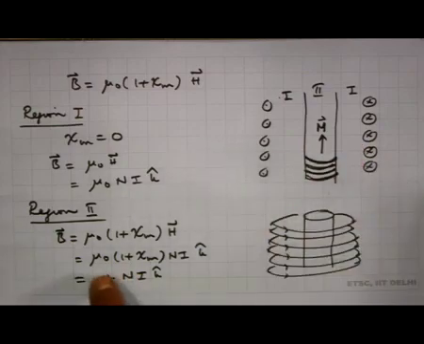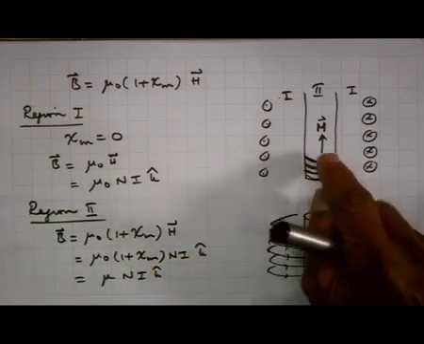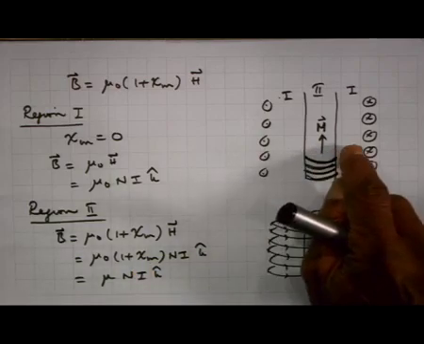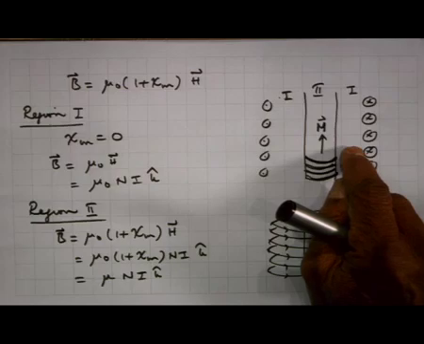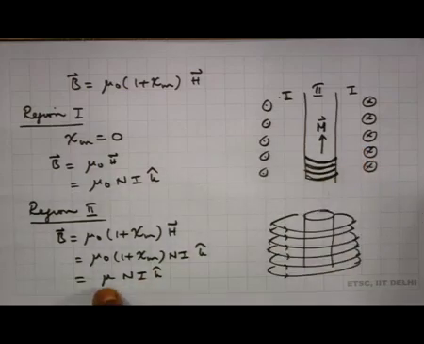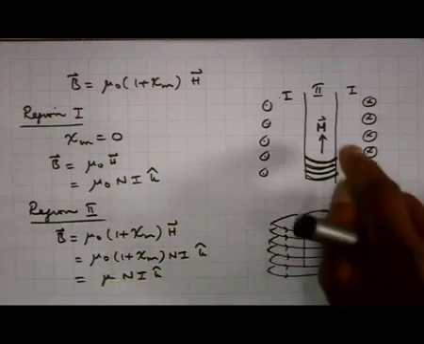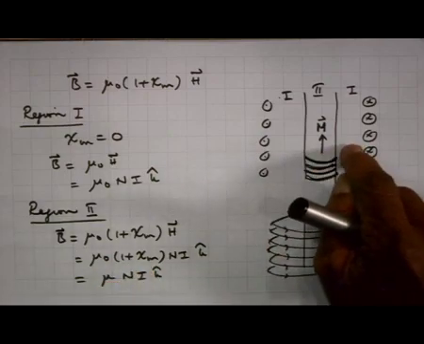For paramagnetic materials, chi m is positive, mu is bigger than mu naught. So, the magnetic field inside the material is slightly more than the magnetic field outside.